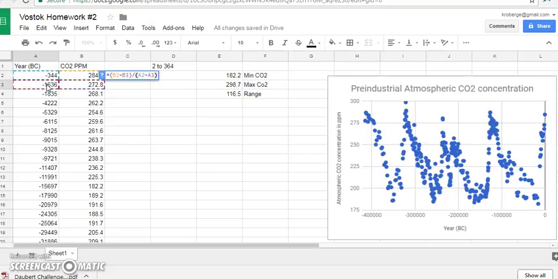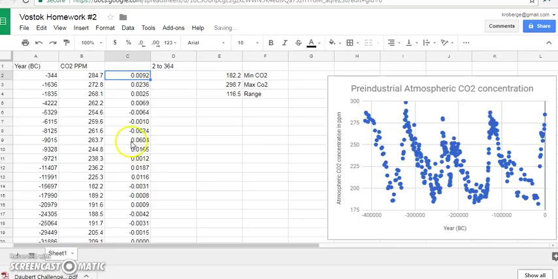This is just your y2 minus y1 over x2 minus x1. You hit enter, and it computes the slope for these two. Now, if I select that cell, there's a little square here. And if you put the little crosshairs on it and double-click, it'll fill the entire column with that formula. So that's kind of handy.